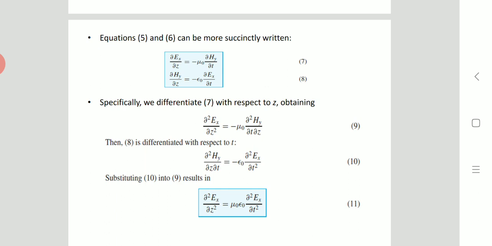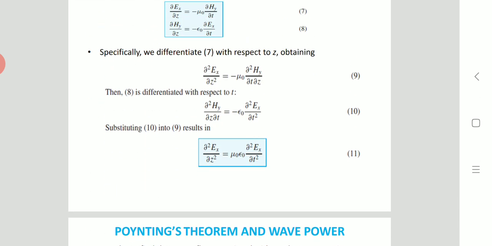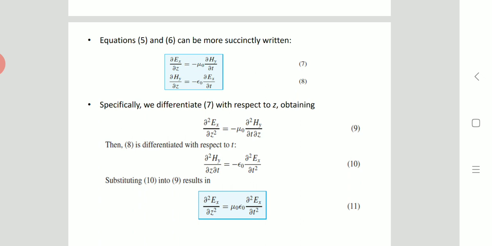Similarly, you can have the equation for wave propagation in terms of the magnetic field, that is dou square Hy divided by dou z square equals mu naught epsilon naught dou square Hy divided by dou t square.